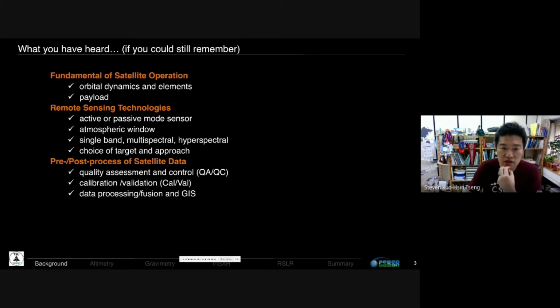We need some in situ data, the ground truth, to calibrate the parameters, to calibrate all these algorithms, to make sure that what we measured in space is in accordance with what we measured on the ground. So that would be good data to use.